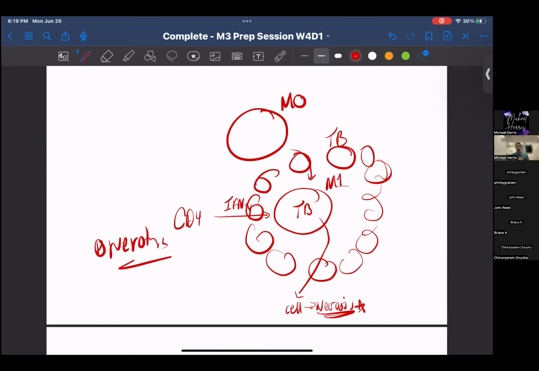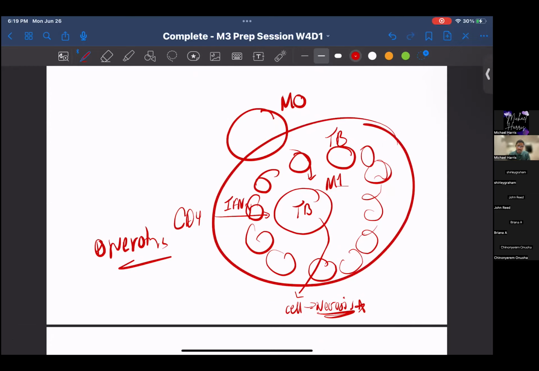Okay? Now, with that being said, what do you think is the big thing keeping this wall intact? These macrophages release TNF alpha, and these CD4 cells come in, as well as macrophages, let me make that clear, as well as macrophages come in due to this TNF alpha.